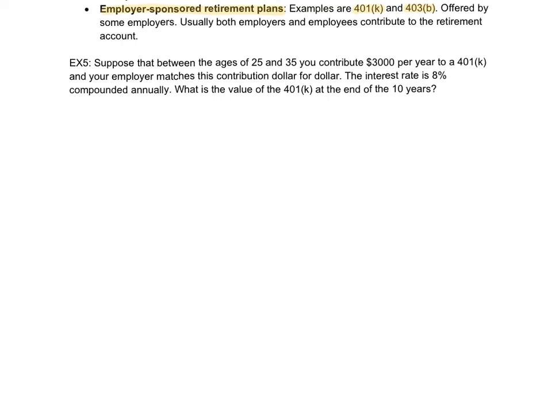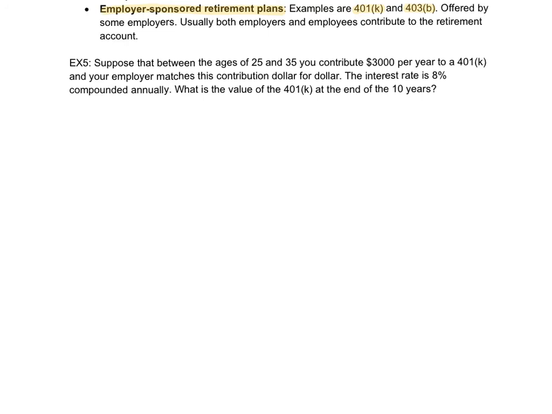So let's say that between the ages of 25 and 35, you contribute $3,000 per year to a 401k. And your employer matches this contribution dollar for dollar. The interest rate is 8% compounded annually, so it's yearly. What is the value of the 401k at the end of the 10 years?